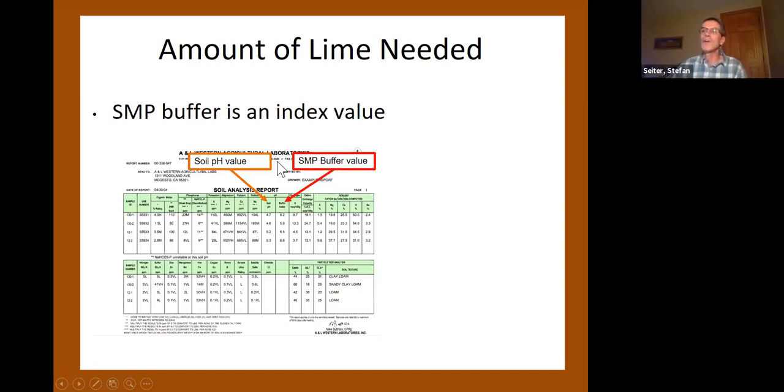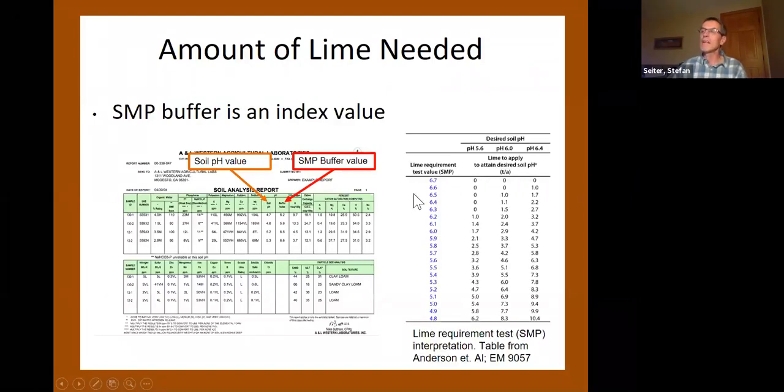But usually, on a complete soil test, you have the soil pH, but it can be very different from the buffer pH. And the soil pH by itself will not tell you how much you need to lime. It's the SMP buffer that will tell you how much you need to lime. Then what the computer does in an automated soil analysis, or what you can do by hand, is go to a table, and see, okay, this is my SMP buffer, and I want to have a particular pH.